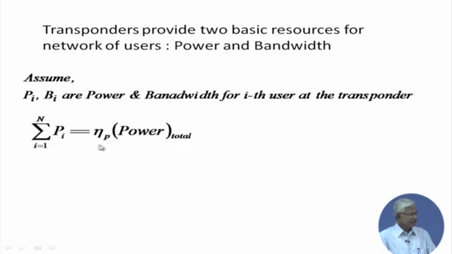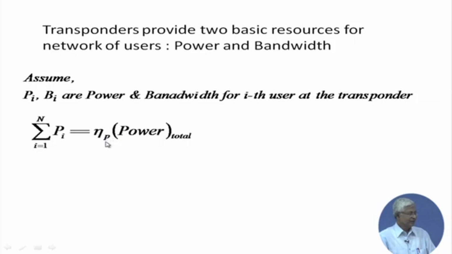There will be some losses, and we are terming it as eta p, that is the efficiency. So, the full capacity of the transponder power may not be utilized. Now, our intention will be to make this eta p as near to 1 as possible, its maximum value is 1.